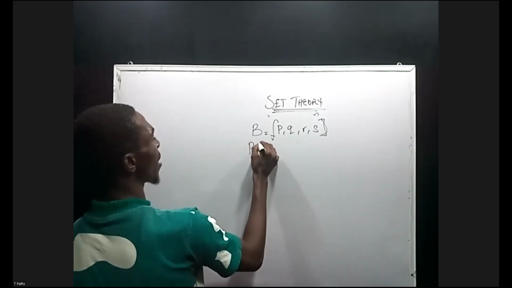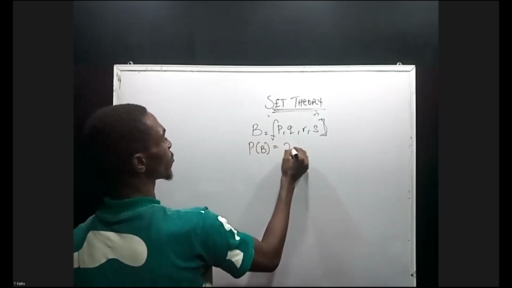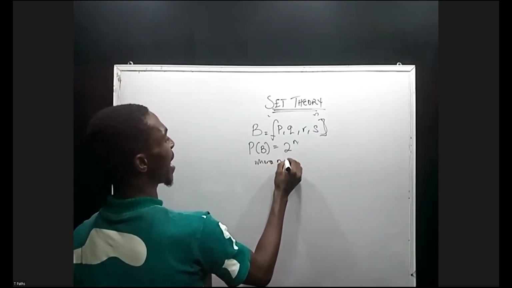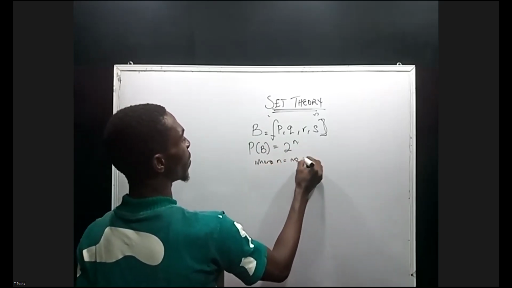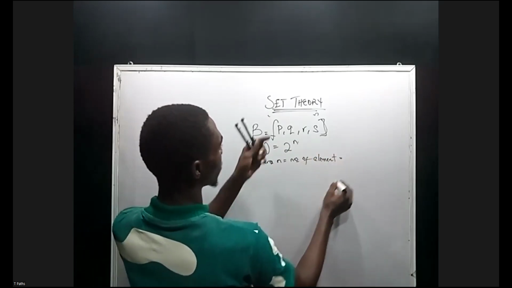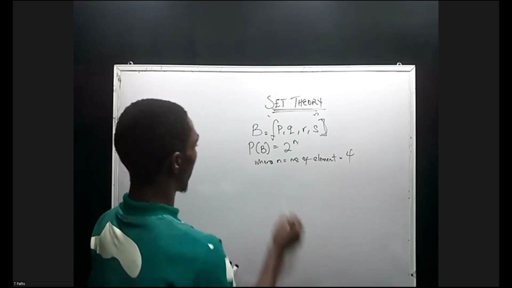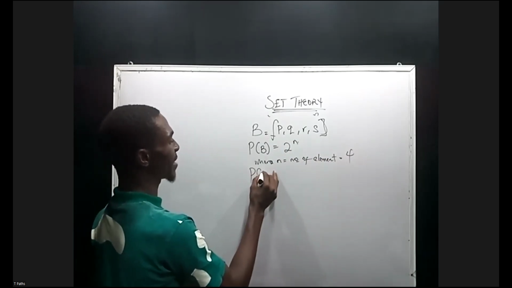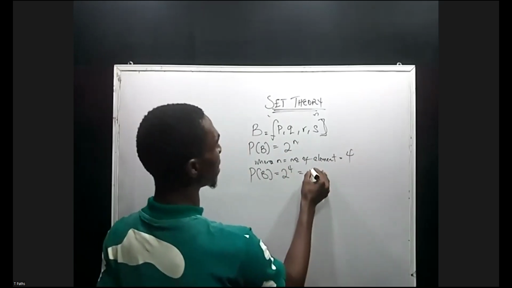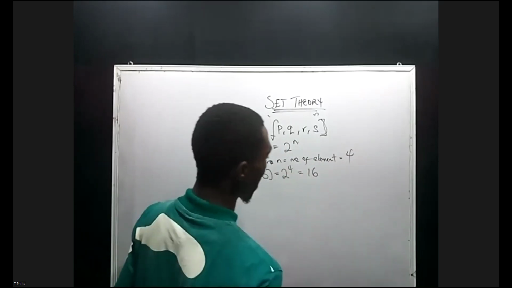So we say power of set B equals 2 raised to power n, where n equals the number of elements. The number of elements present is 4. So this implies that power of set B equals 2 raised to power 4, and 2 raised to power 4 is 16. Are we there?